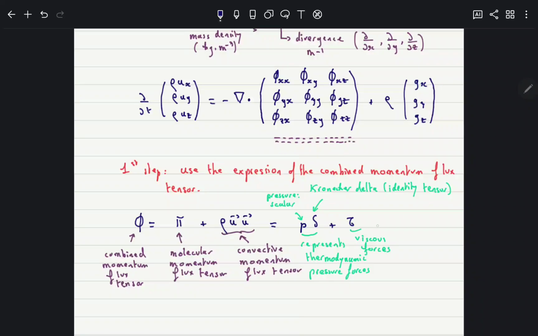And let's not forget our convective momentum flux tensor, plus rho u bar u bar. Okay, so we can now continue and see how it simplifies further.